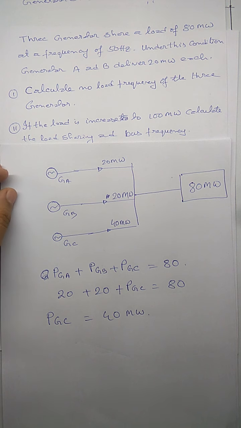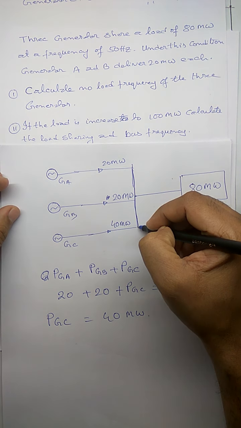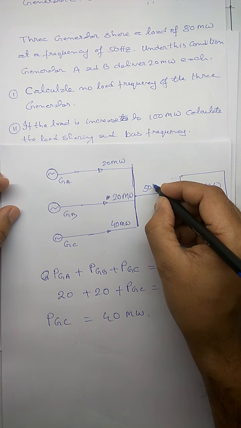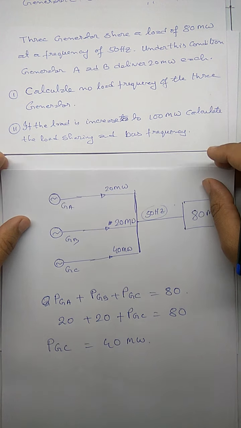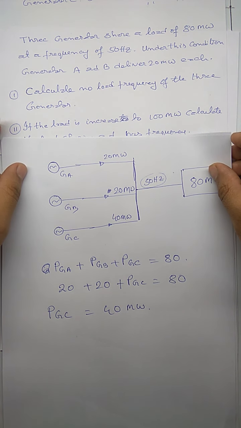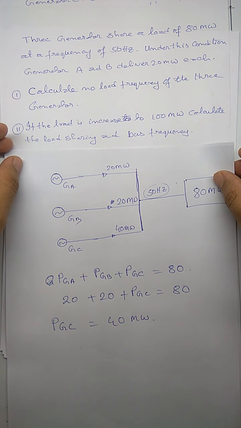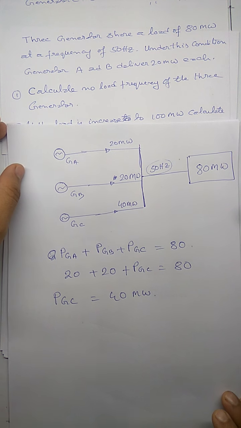And since they are connected in parallel, all of them should have same frequency, so it is operating at 50 hertz. Now the question is, calculate the no load frequency of the 3 generators.